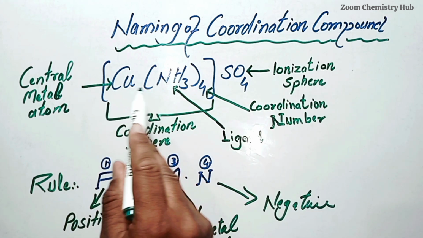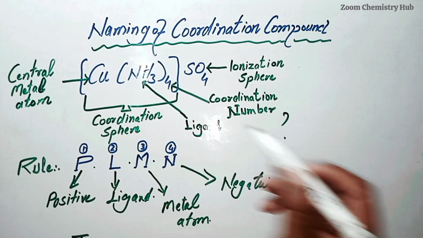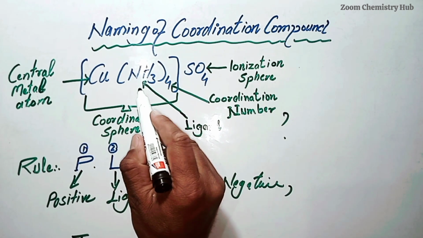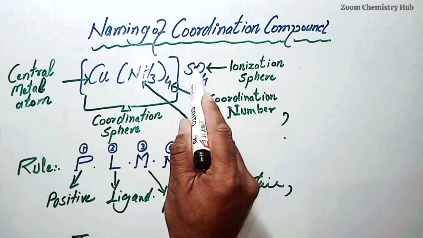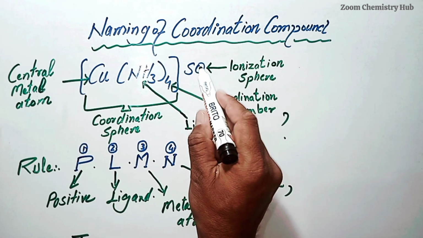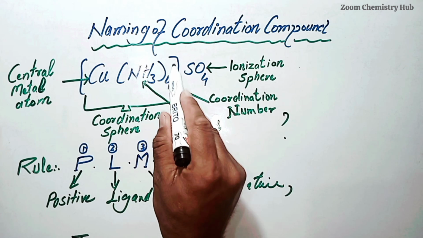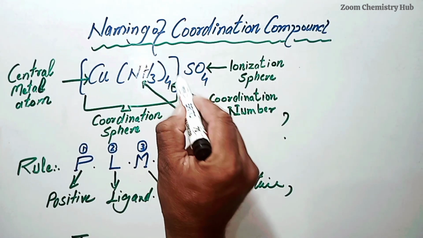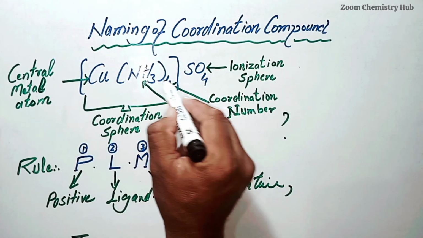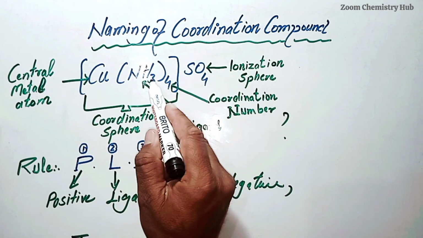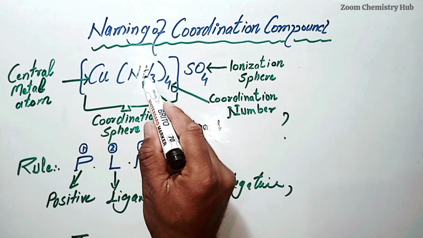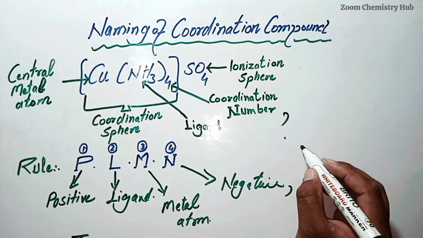So we have a compound, and we will write its name. First we will write the positive part, because the sulfate is the negative ion, and this whole coordination sphere is the positive part. In the positive part we will write the ligands.